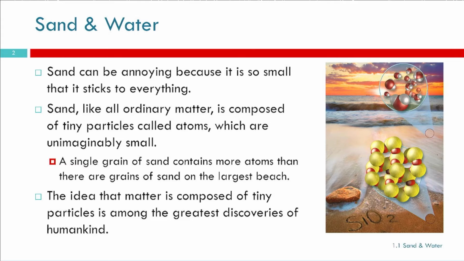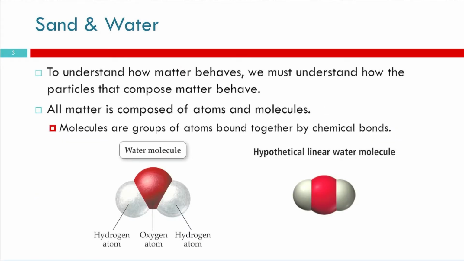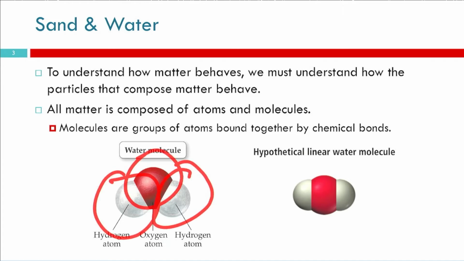But the idea that matter is composed of tiny particles is among the greatest discoveries of humankind. And you'll see why. Because to understand how matter behaves, we have to understand how the particles that compose matter behave. So for something like a water molecule, it's not just that it's two hydrogen atoms and a single oxygen atom.